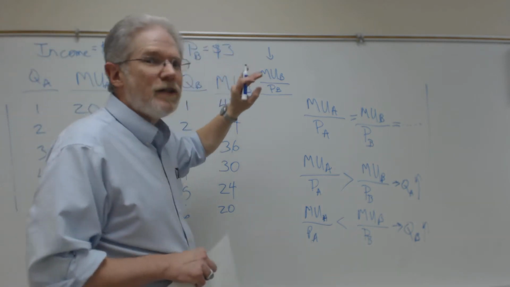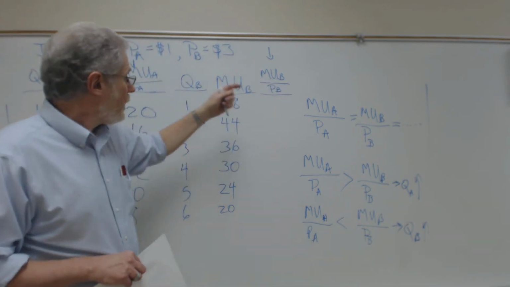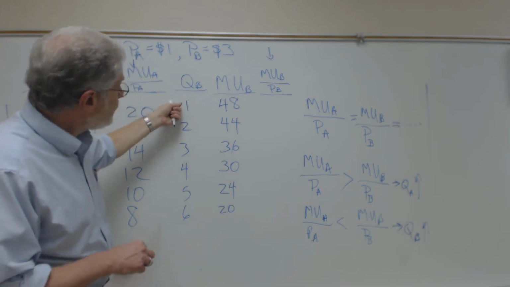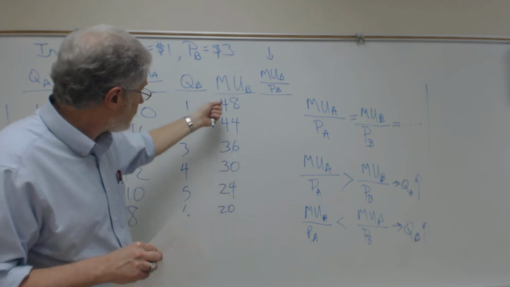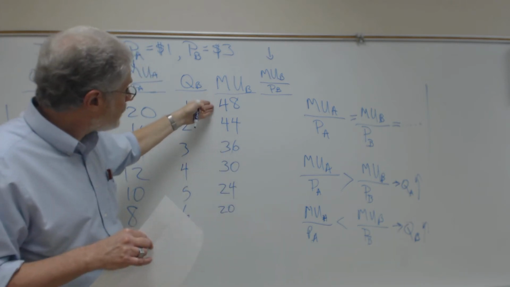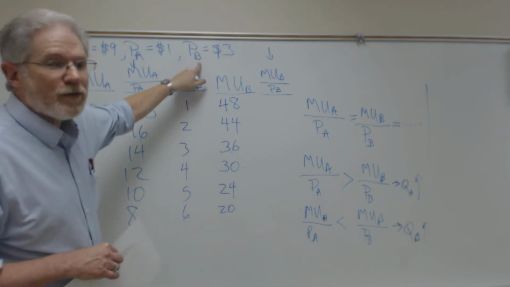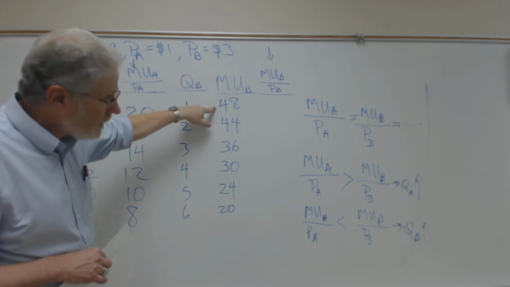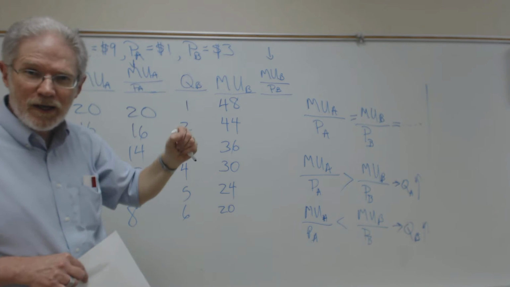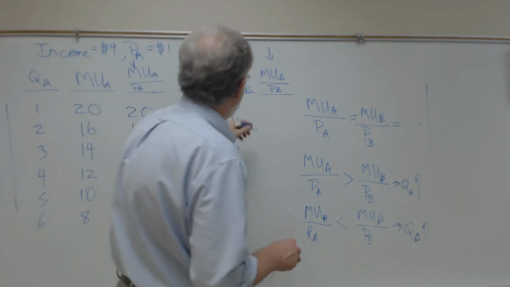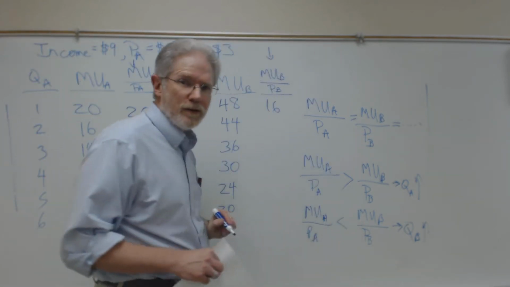For bananas, we've got to do the same thing. We ask if he gets the first banana, what is the satisfaction he gets from that? It's 48. Okay? But notice over here, he's going to have to spend $3 to get those 48 units of utility. So per dollar spent, he is only getting 16 units of utility.